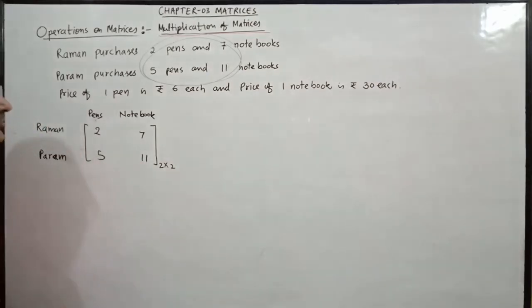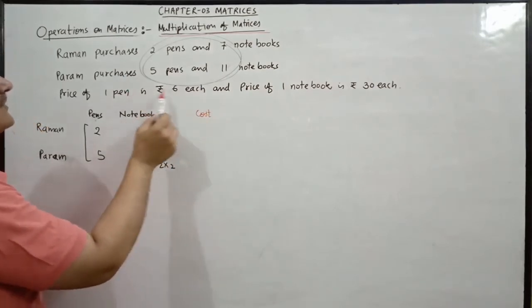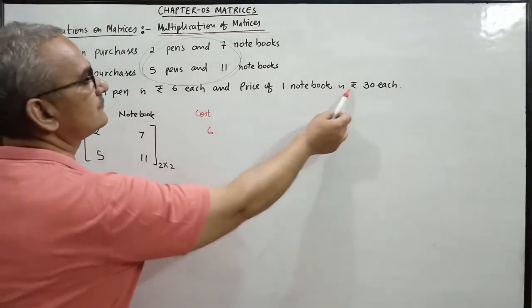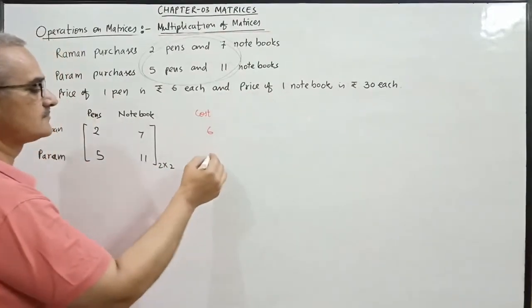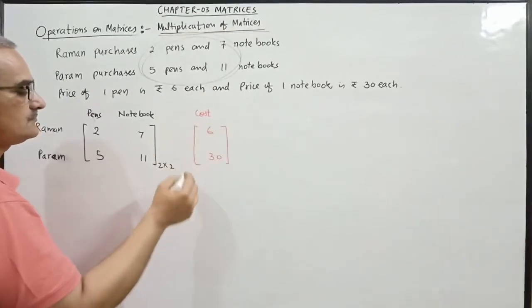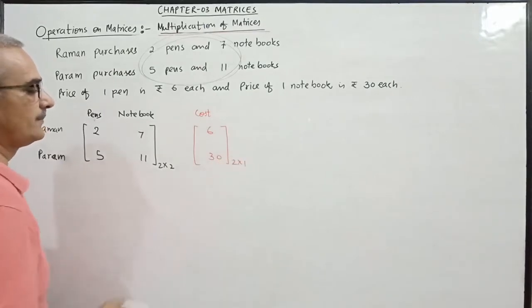And now what are the costs? So here I am taking the cost. The cost of one pen is 6 rupees and the cost of one notebook is 30 rupees. So this is the cost, and the order of this matrix I have taken as 2 by 1.